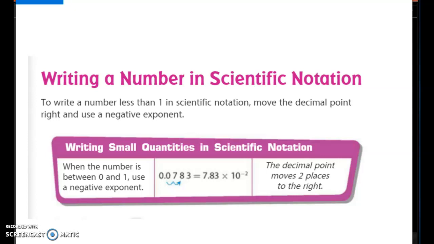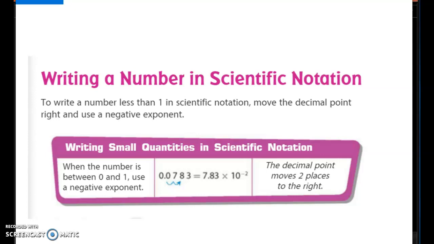At any rate, when a number is between 0 and 1, you're going to use a negative exponent as opposed to yesterday when we were using a positive exponent to express very large quantities. You're going to move the decimal point 2 places to the right, as in this particular case. So for the number 0.0783, it's going to be moved 2 places to the right.